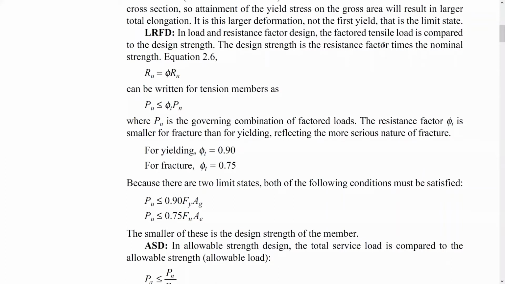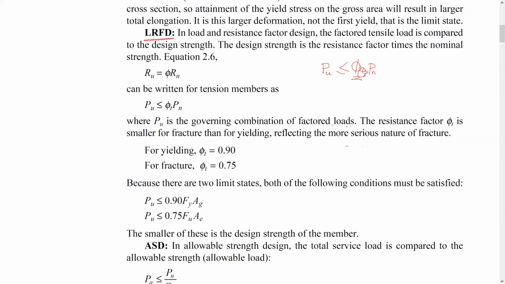So right now, since we do have two design philosophies, LRFD and ASD, let's go through them in details. In the LRFD method, if you remember guys, the required load or factored load should be less than the design strength, which is phi T times the nominal strength.